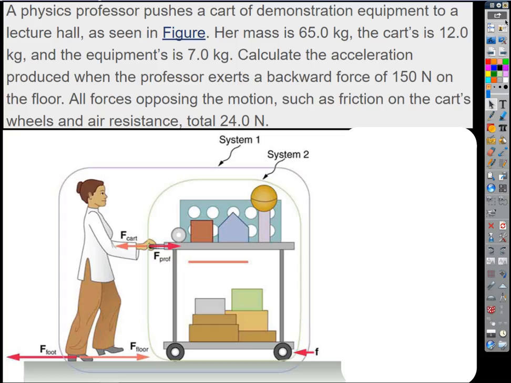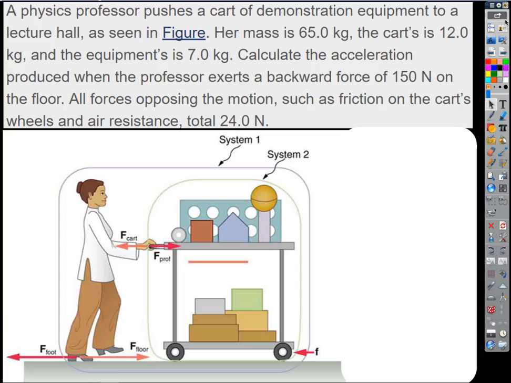Okay? And so you can see then that the frictional force is acting between the ground and the cart, right? So if we call the action force, the ground pushes on the cart frictionally, then what's the reaction force? Cart pushes on the ground. Okay.